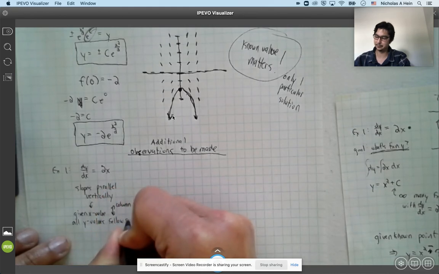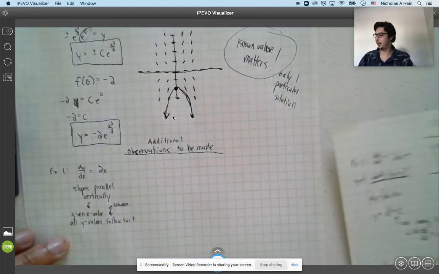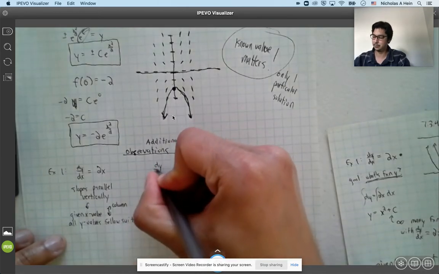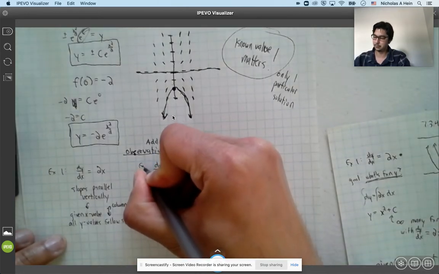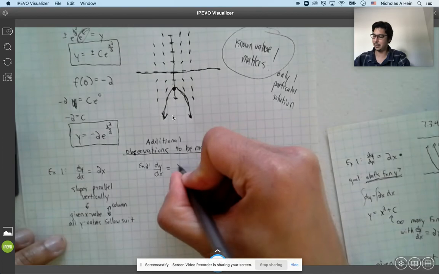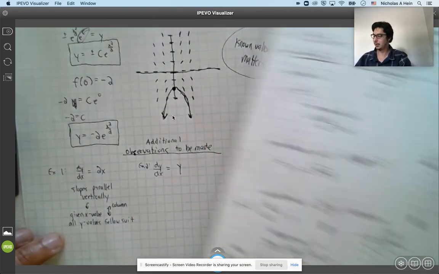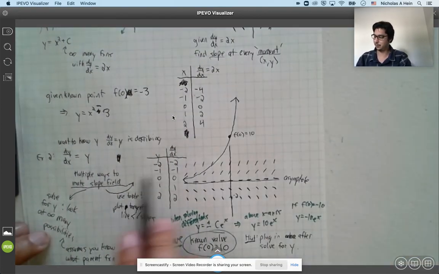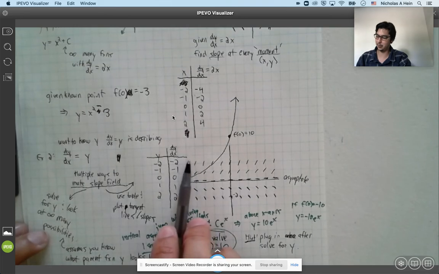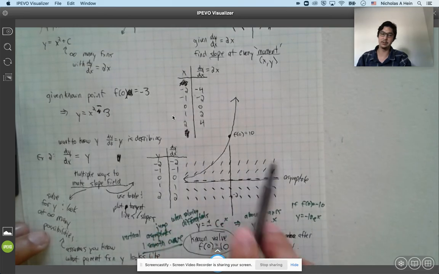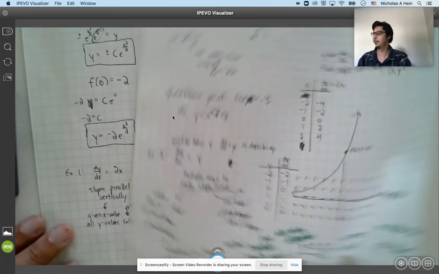And then what happened in example 2 is that I gave you dy dx equals y, which was this function here. And notice that the slopes were parallel in a horizontal manner, right?